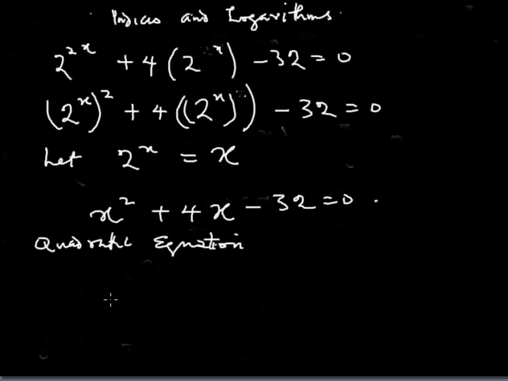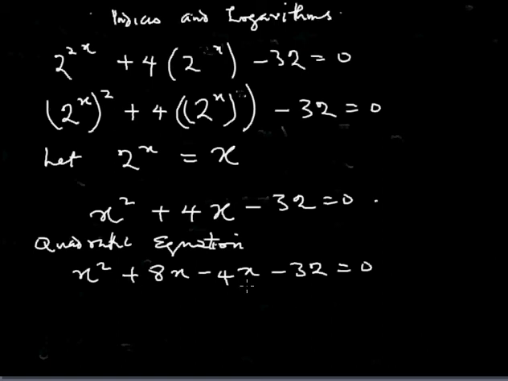That has to be 8 minus 4. That means we have x squared plus 8x minus 4x minus 32 is equal to 0.